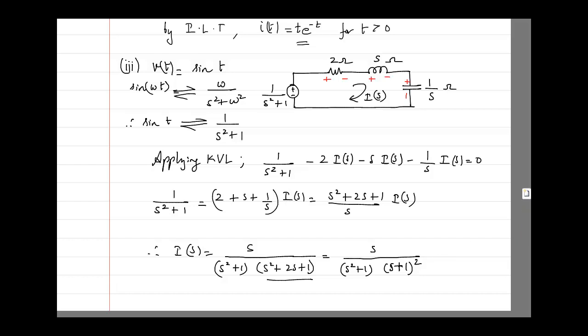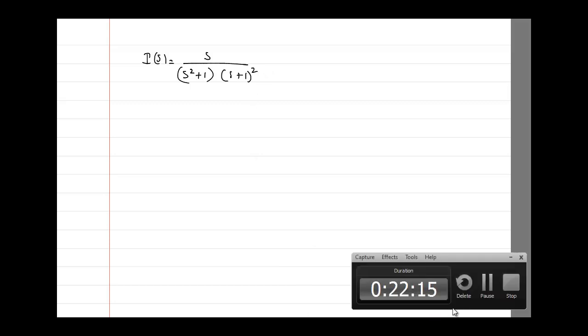So let me write that separately here. I of s is going to be equal to s divided by s square plus 1 into s plus 1 the whole square. Now how to write the partial fraction of this one?